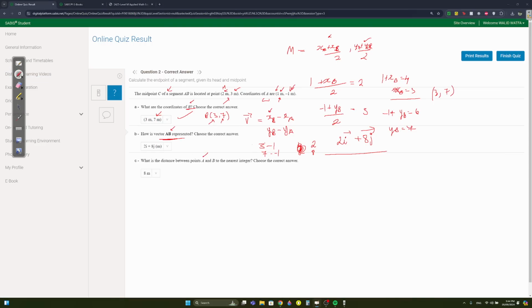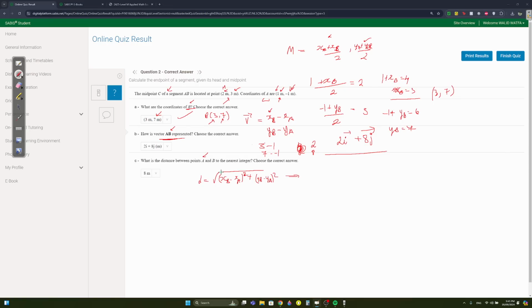Part C, then what's the distance between point A and point B? To find the distance D, it's radical x between A and B, so x of B minus x of A squared plus y of B minus y of A squared.